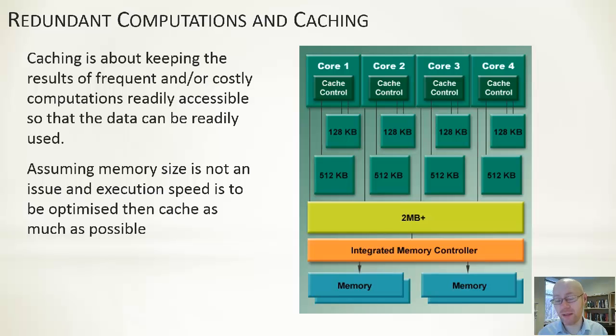The cost of this is that we need to use more memory, so there's a trade-off between optimizing for CPU instructions versus memory footprint. The actual image we have here is of a CPU, and they use the same notion for both instructions and data, with a number of caches at different levels. Generally the level 1 caches, which are on the die of the CPU itself, are going to be really, really fast.